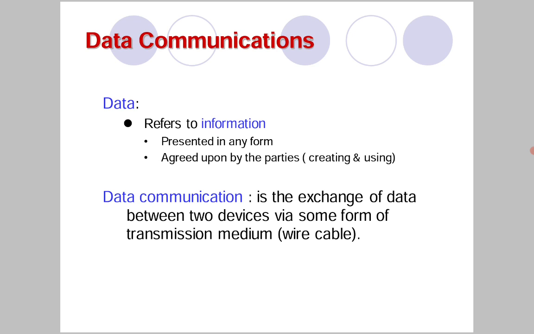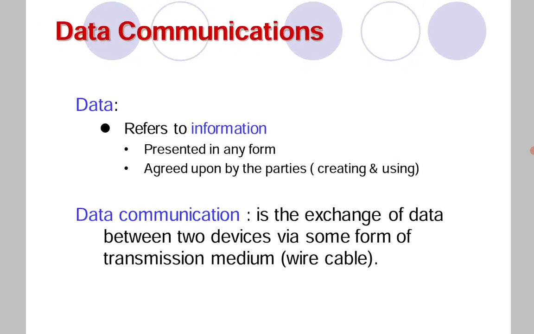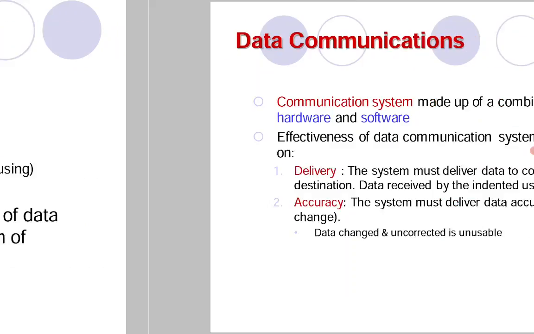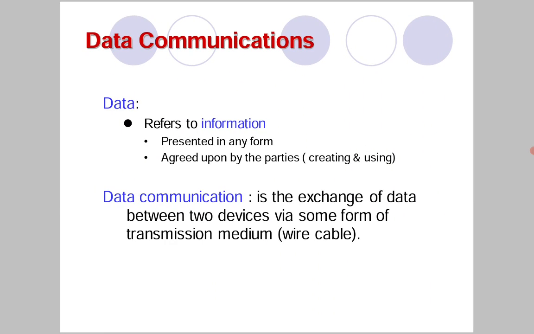Data communication is a process in which we transfer, exchange, send or receive data or information between two devices, two computers, or two persons by using some form of transmission medium. It is called physical media, for example cables.